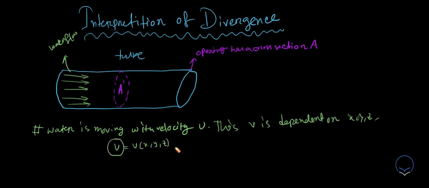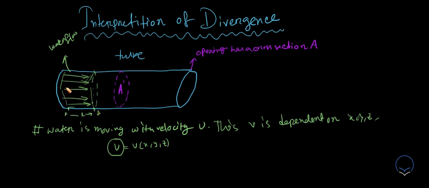We won't write the x, y, z explicitly. So now let's say you are considering some water from here to here, and let's say this is point A, this is point B, and this is some distance L. But our velocity is not dependent on time.